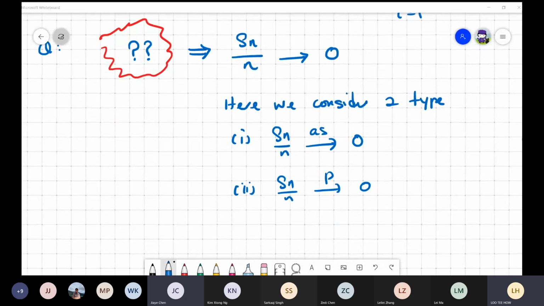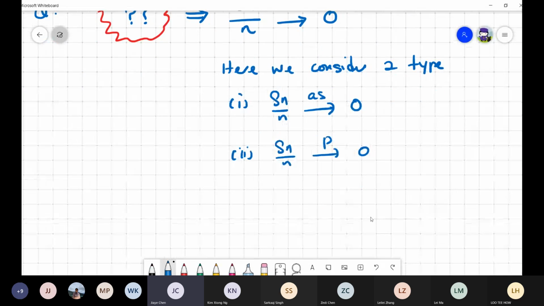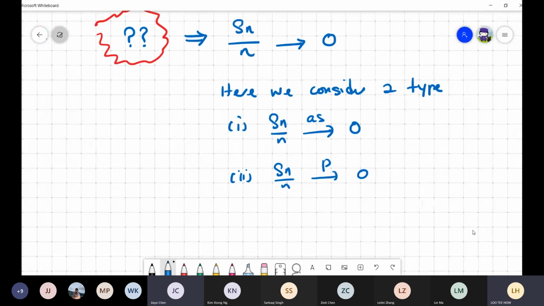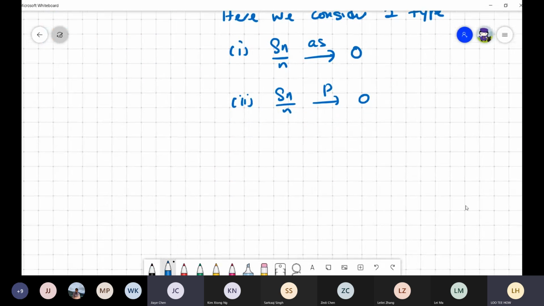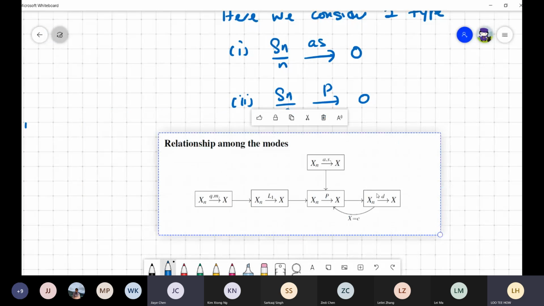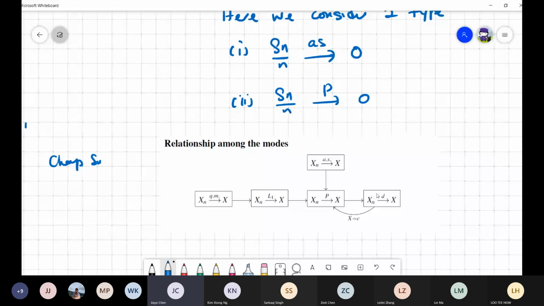And if you refer back to the summary in section 5 regarding all those convergences, this is from chapter 5, supplement A.